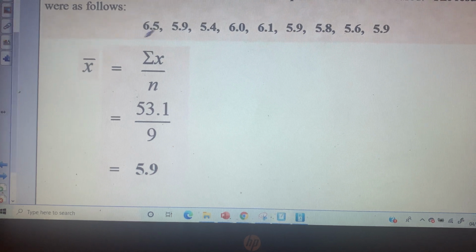So here we have 9 values. And the first thing I've done is I found the mean. So they've been added up and divided by 9. So the mean, or x bar, you can see is 5.9. So I'm now going to use this very slow and elaborate way to find the standard deviation. I'm going to find the variance, then I'm going to square root it to find the standard deviation.